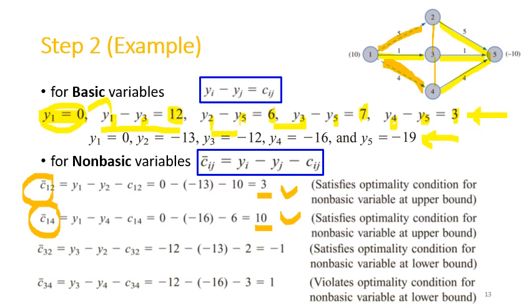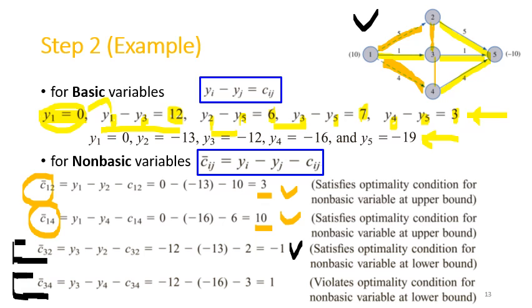Now C32 indicates x32, it is currently at lower bound. Let me change the color. So this is at lower bound, and then x34 is also currently at lower bound. To be able to say that this is optimal, we need to have these coefficients less than or equal to 0.